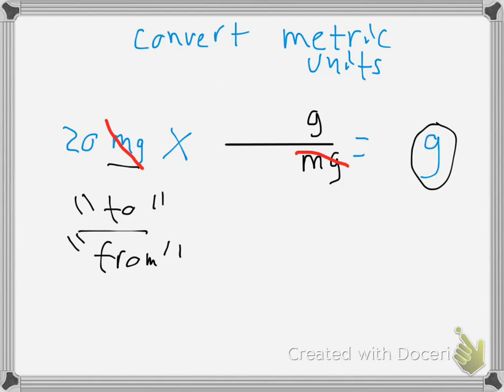And the last thing that we need is a number value to represent how many milligrams are in a gram. I know that 1 gram is equal to 1,000 milligrams. So I'll do that. That's how I want you to write it in order to get our correct value. So it's 0.02 grams.